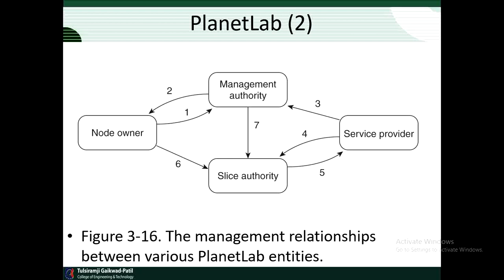The organization tends to the management structure given in this diagram, described in terms of trust relationships, which was defined by Peterson in 2005. The relationship is given as follows.